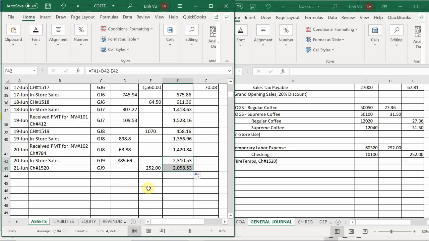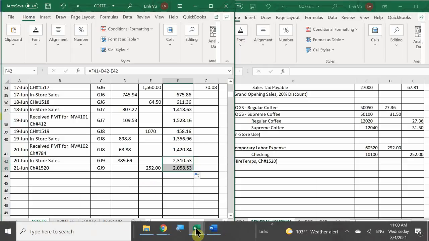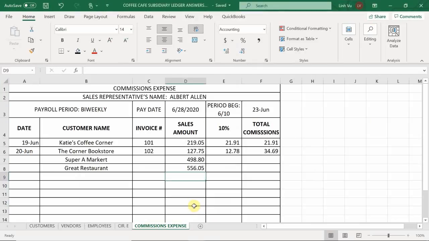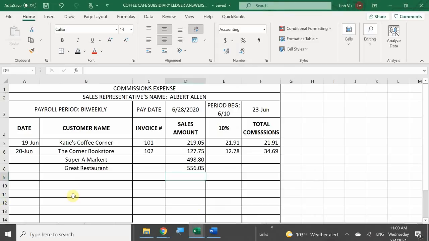Since our general ledger is done, we need to go to the subsidiary ledger, because we need to make a note that we paid Hire Temps.